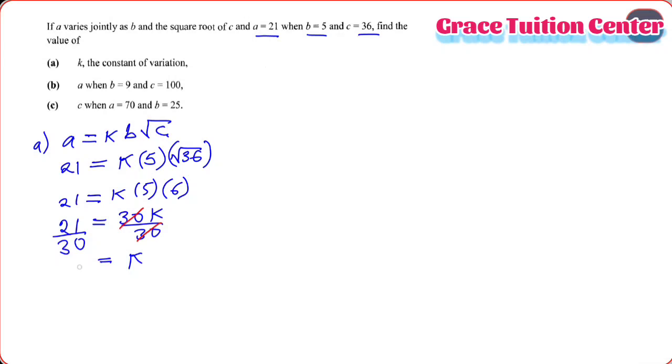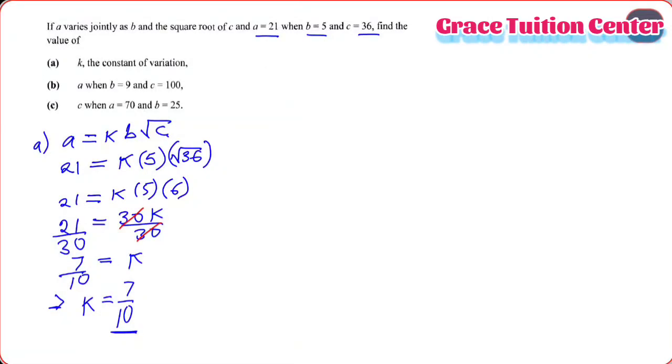So if we divide 3 into 21, we get 7, and 3 into 30, we get 10. So this implies that our k is actually 7 over 10.